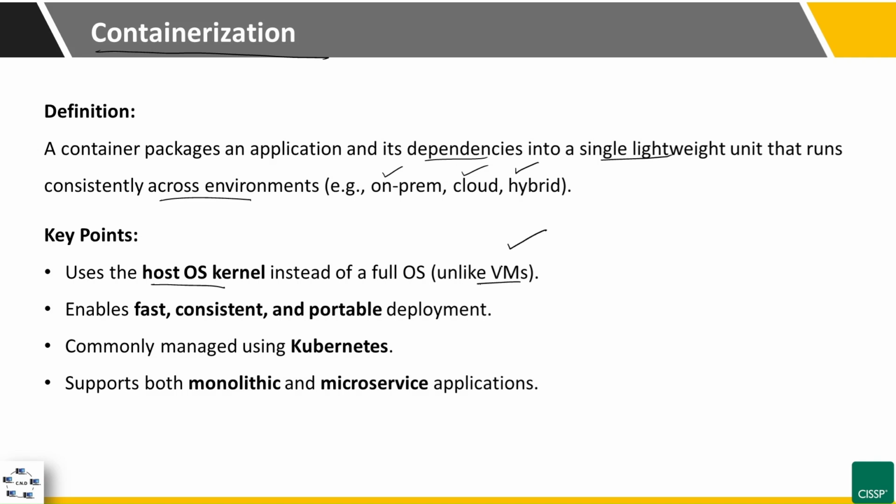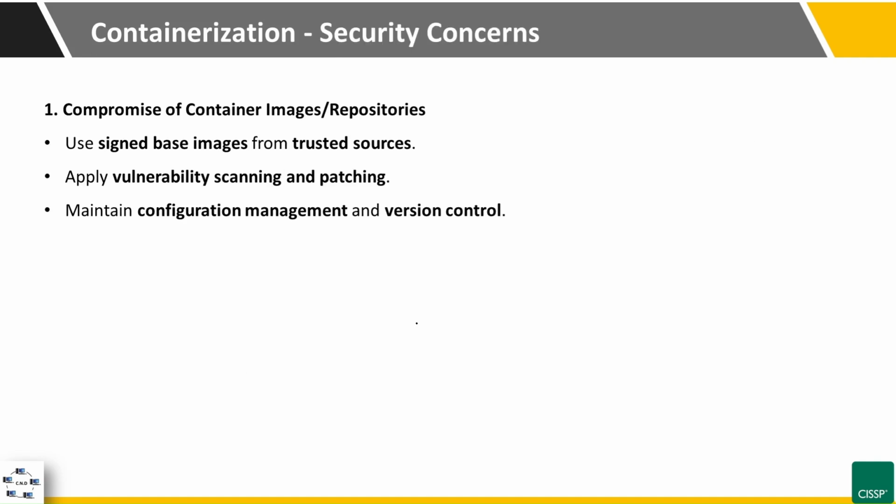In virtualization, each VM has its own operating system. In containers, the container package does not have its own operating system; rather, it uses the host operating system kernel. This enables fast, consistent, and portable deployment, is commonly managed using Kubernetes, and supports both monolithic and microservice applications.